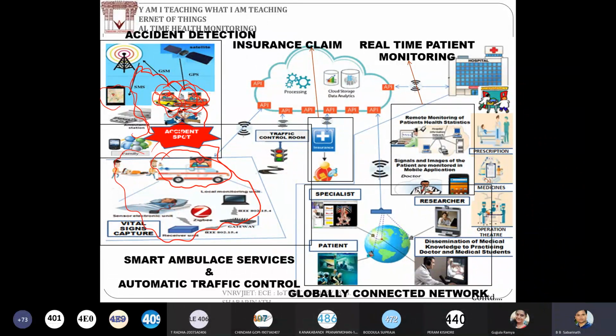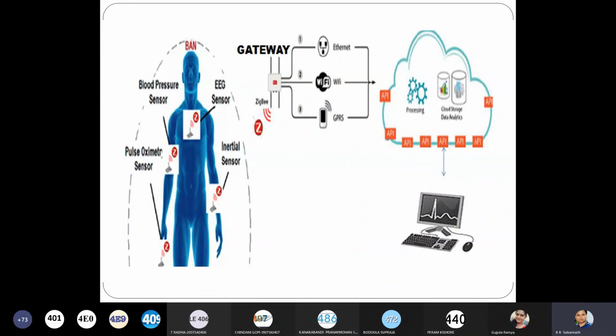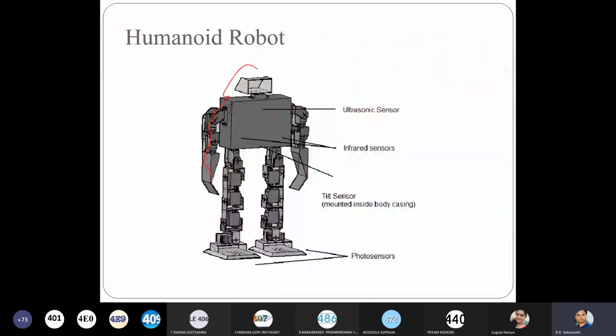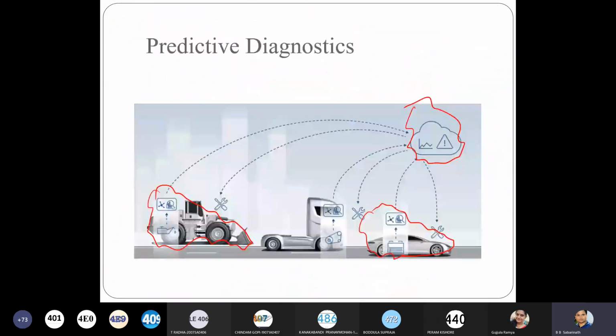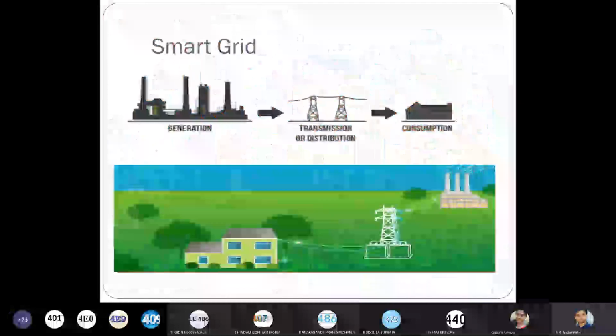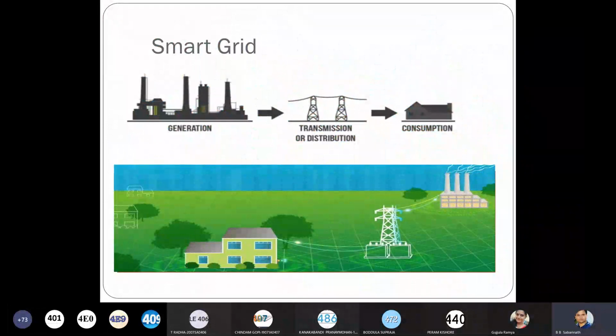Whatever it may be, you can monitor all the parameters of a human body with the help of sensors again. All these examples you can relate to sensors and actuators. With this basic understanding, also the smart grid.